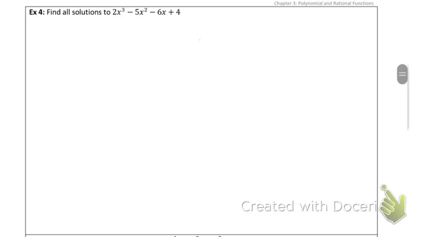Our next one is: find all solutions to 2x cubed minus 5x squared minus 6x plus 4. All right, we're going to pretend we don't have a calculator, so we're not going to use our calculators at all on this one.